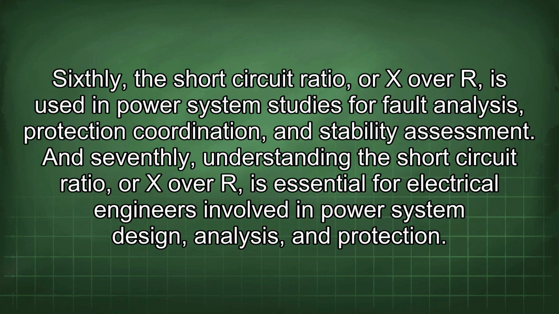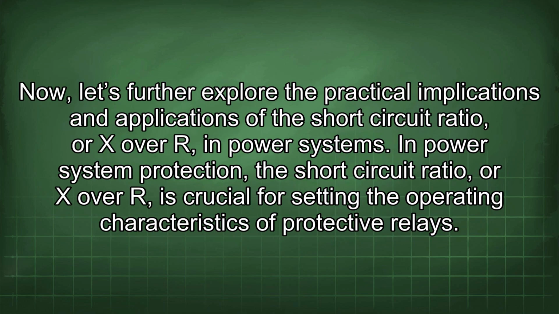Sixthly, the short circuit ratio, or X over R, is used in power system studies for fault analysis, protection coordination, and stability assessment. And seventhly, understanding the short circuit ratio, or X over R, is essential for electrical engineers involved in power system design, analysis, and protection.